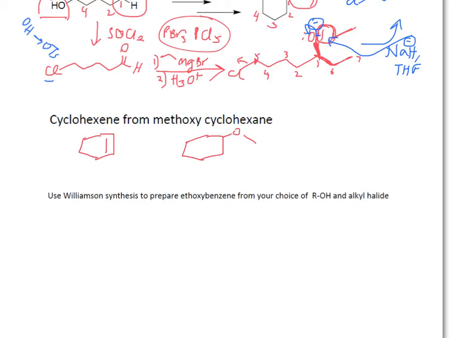You will first treat this with HI or HBr and you will heat it. So hopefully you can see that the protonation will take place. And now when it's time to cleave the bond, essentially the I will come from the least substituted site. So you're going to end up with cyclohexanol and methyl iodide.